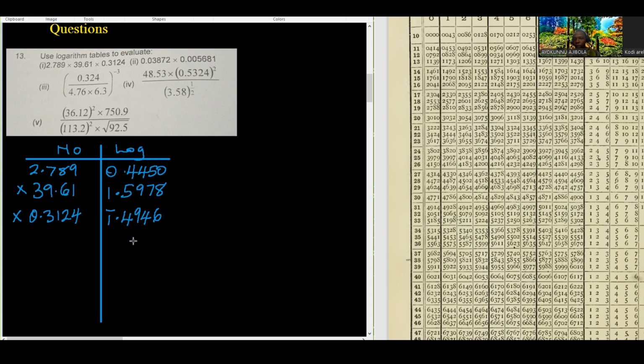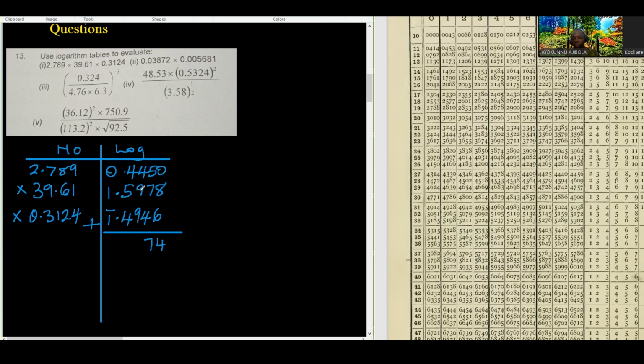Yes, sir. Okay, fine. So we're going to add all this together because it's multiplication. 0 plus 8 plus this, that's 14. So I keep 1. Then 1 plus 5 plus 4, that's 10, plus that's 17. I keep 1.